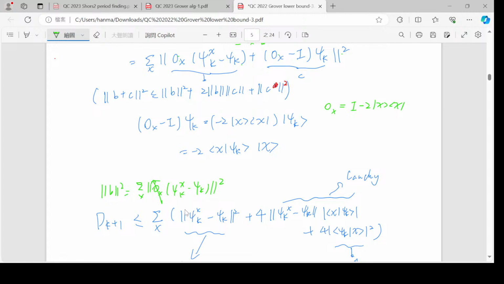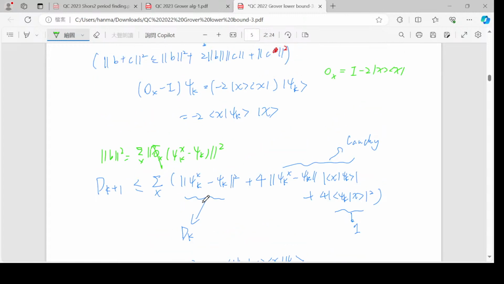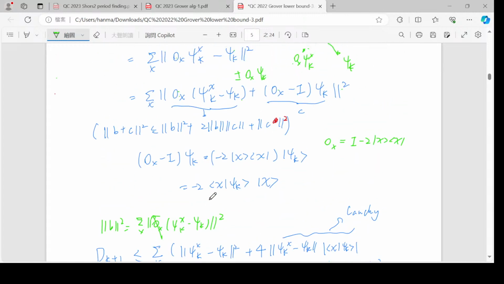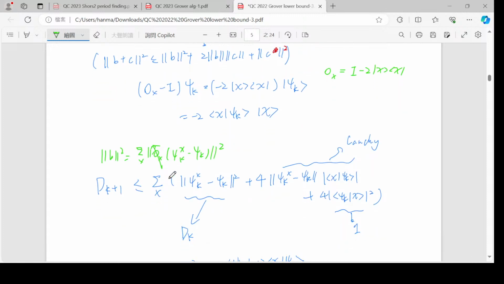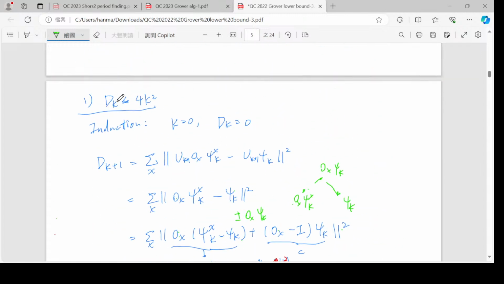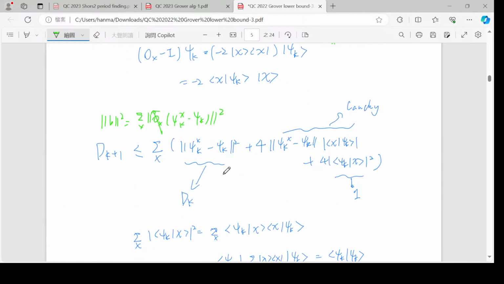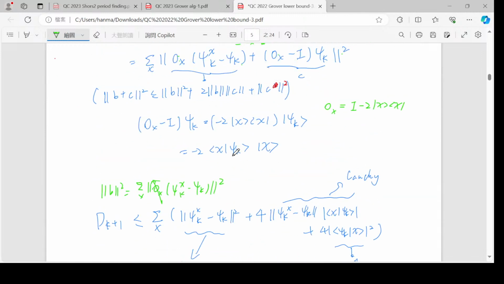So B squared is just the norm of psi_xk minus psi_k, squared. That's B squared. And if you think about this sum over x, this is actually d_k. Remember, d_k is this distance. So that's d_k.